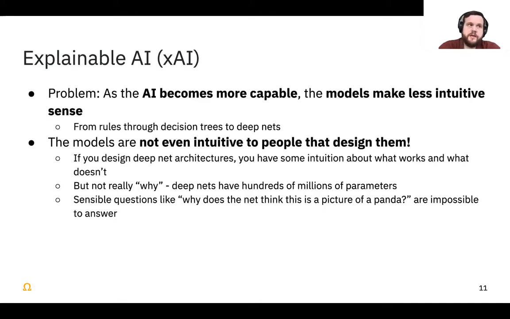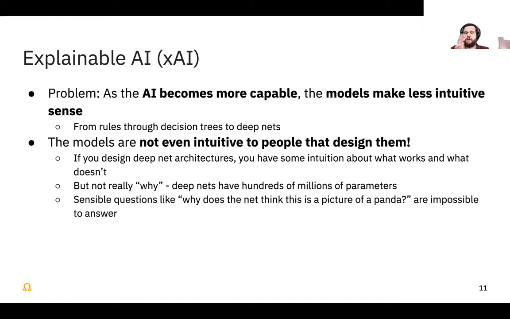So if we go a couple of decades back, then for example rule-based classifiers were very popular. If A equals X, then it's this class. Then we had decision trees, which are, I believe, also quite readable to people.